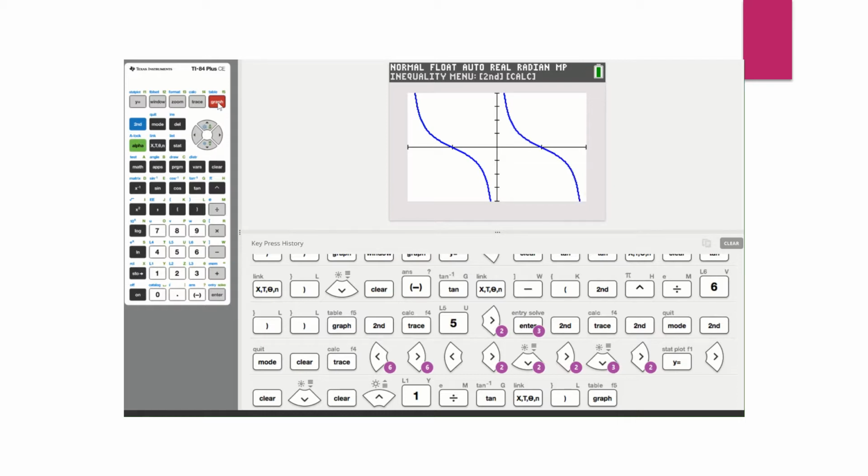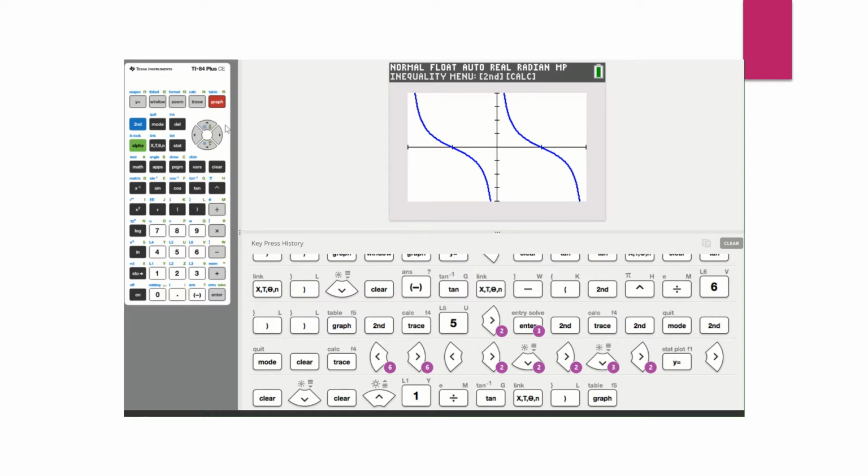Okay, so I still have my window setting set with a y minimum of pi and a y maximum of 2 pi, and my scale is pi over 2. And you see how this is flipped. My tangent function started from down at the bottom left and kind of swirled up to the top right between the asymptotes, and the cotangent function is actually just flipped over.